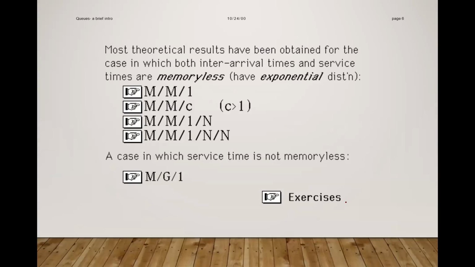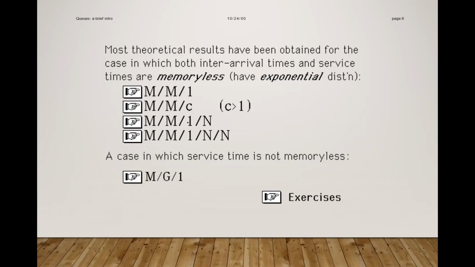So let's obtain some theoretical results about different queuing models. If we assume that the inter-arrival and the service times are memoryless, it means that they are exponential. The inter-arrival time and the service time are all exponential. We will deal with one server, and we will deal with more than one server.